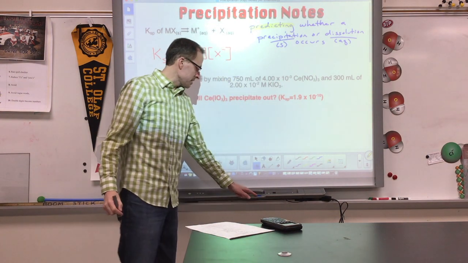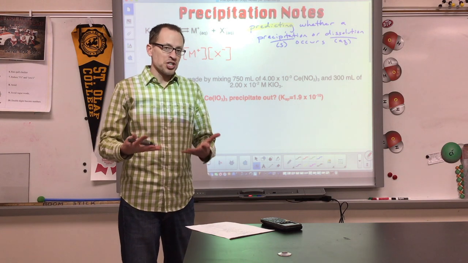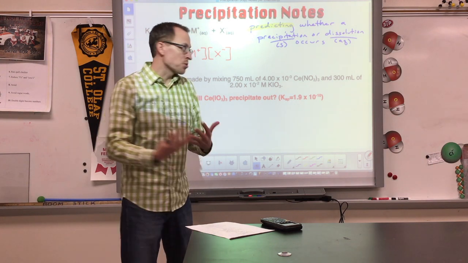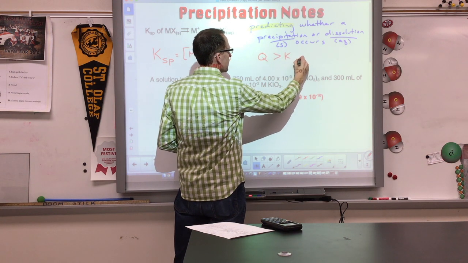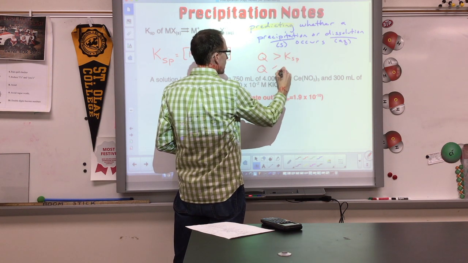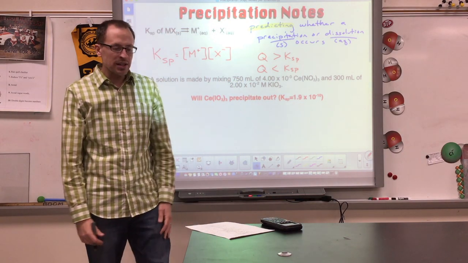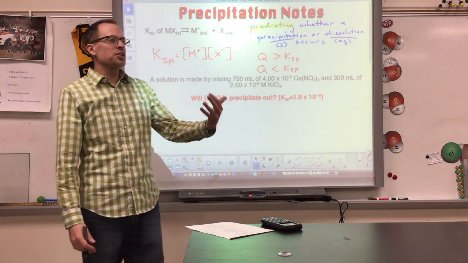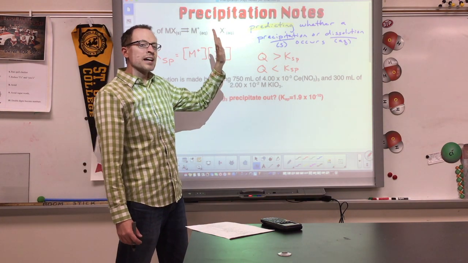When we're saying predicting and we're talking about equilibrium, we're talking about Q, our reaction quotient. So we have two options here: Q is greater than Ksp, or Q is less than Ksp.